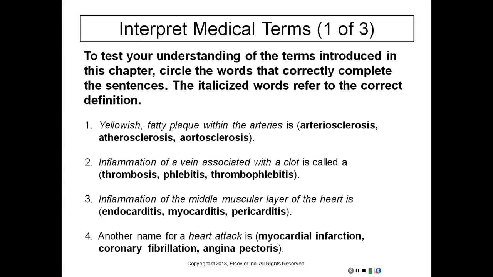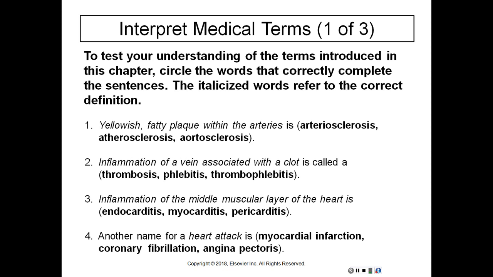Now we're going to interpret medical terms. They're giving us a definition in italics, and we're choosing which term in bold best fits it. So the first one, yellowish fatty plaque within the arteries. Again, if you need to pause it, please do so. But hopefully you're choosing the second option, atherosclerosis, because athero is the arteries.